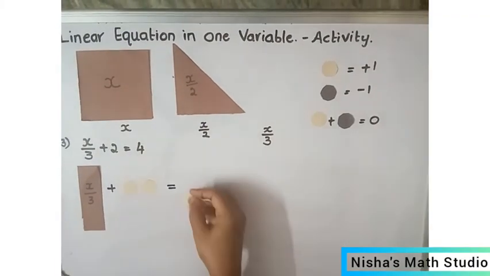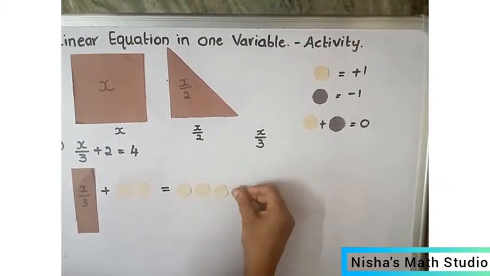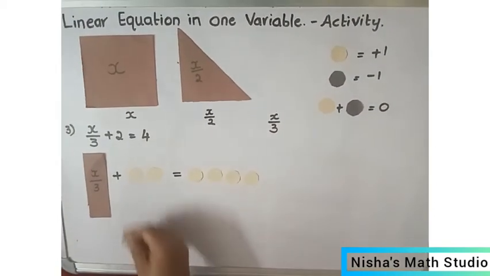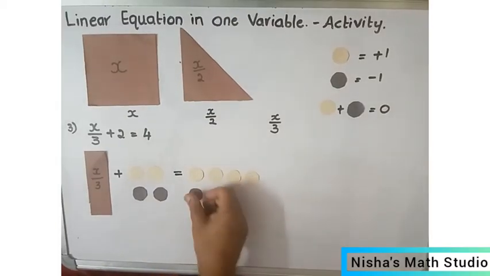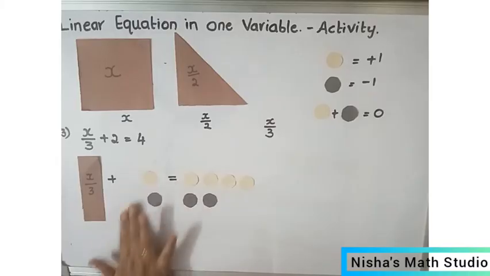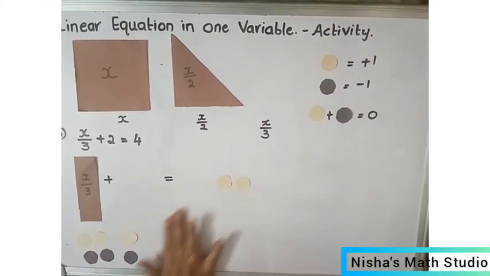So on this side I have 1, 2, 3 and 4. If I want to remove these two from here, I am going to add minus 2 this side. So here also I am going to add minus 2. So this goes and this goes. From this side also you have these two.